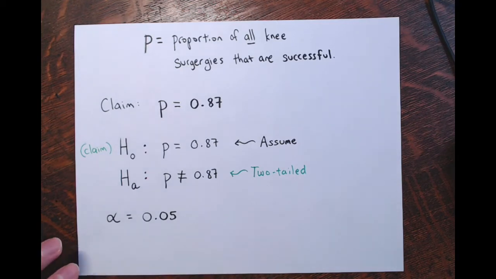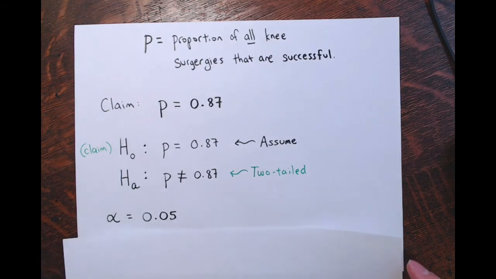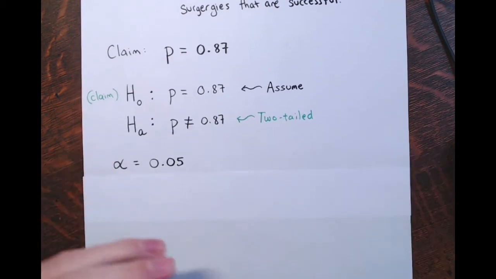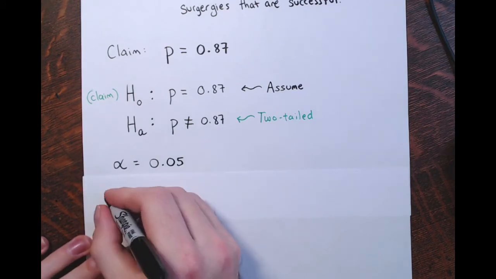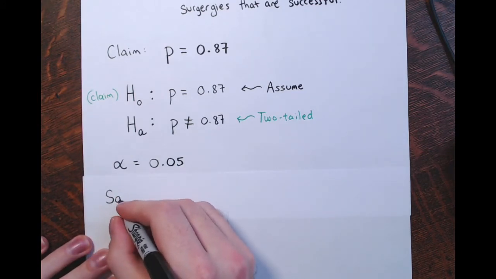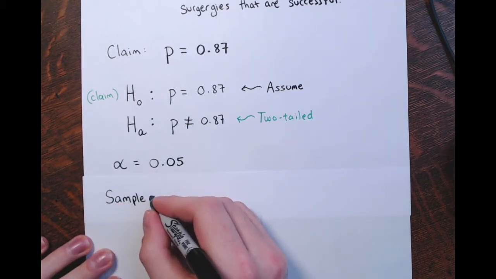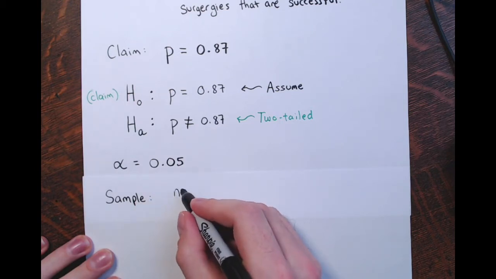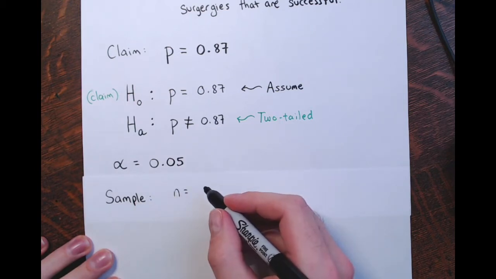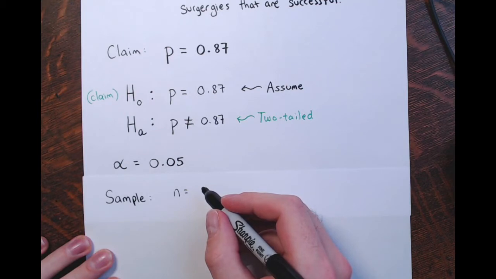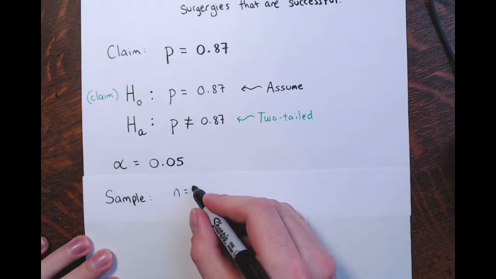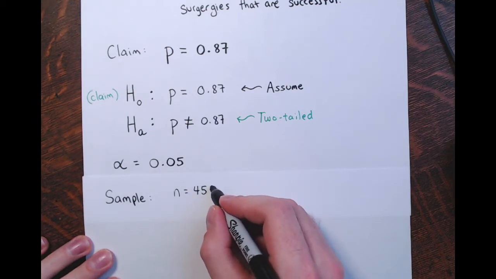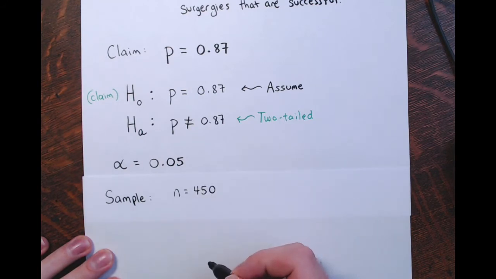And then a sample is taken. Now, for this sample, they said that this person looked at a random sample of 450 patients who underwent surgery. So the size of the sample is 450.